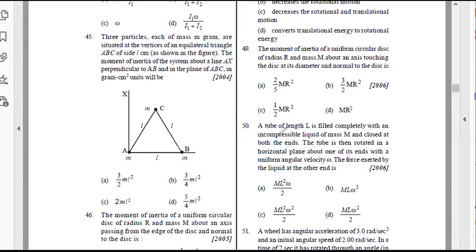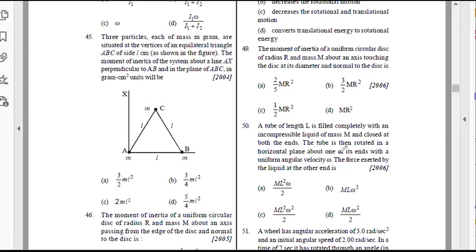How many of you remember? If you remember, you can just tell me the answer. When you talk about force exerted, it is basically tension, right? So what was the answer, without even solving?